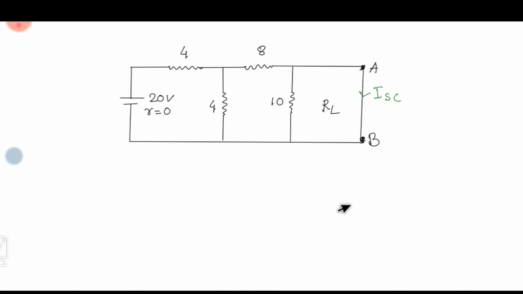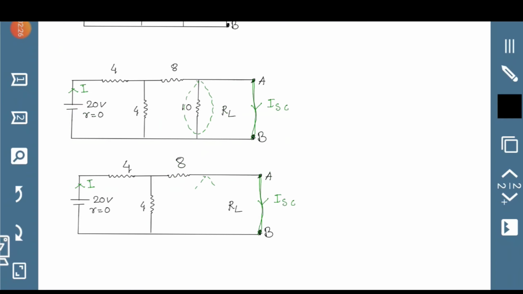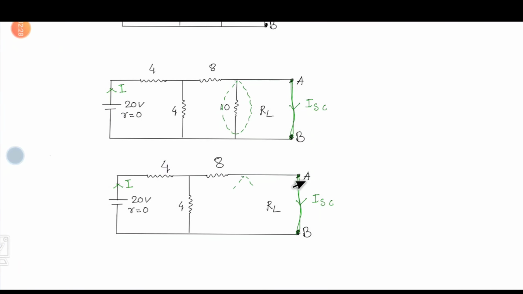So we can neglect this 10 ohm resistance, because the current would not flow through this path, as it is already shorted. Now the circuit looks like this.